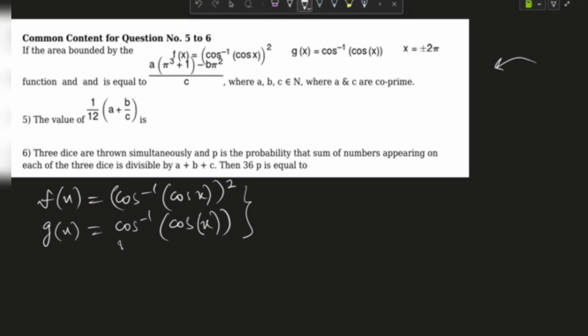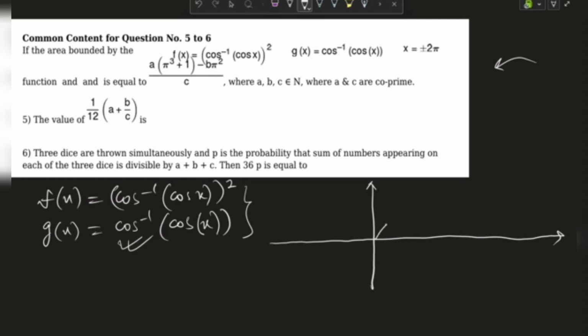Now cos inverse cos x graph is something that you guys know, I guess. This is a very standard graph in inverse trigonometric functions. I will draw it out for you guys once for you to recall. So I will try to draw the graph of cos inverse of cos x. This is our y-axis. I will draw a small part, okay, just for you guys to recall.